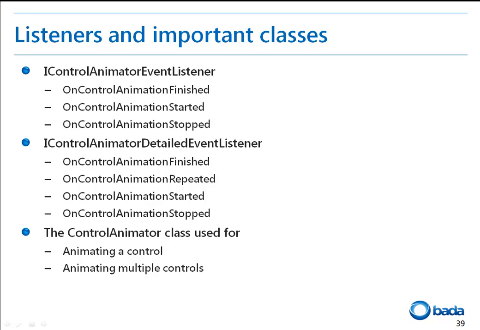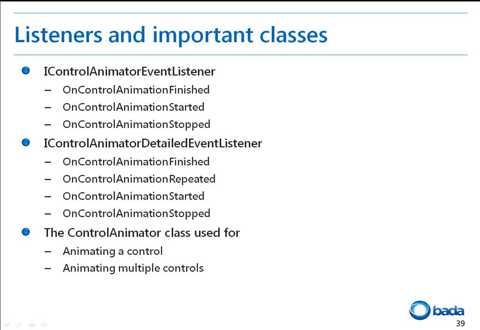Control Animator is an important class that's used to control the animations operating in UI controls. A control can be animated either by using predefined platform animations, by creating and setting the animation instance to a control using the Control Animator Set Animation method, and specifying the animation_target parameter value, or by defining an animation and starting it directly through the Control Animator Start User Animation method.